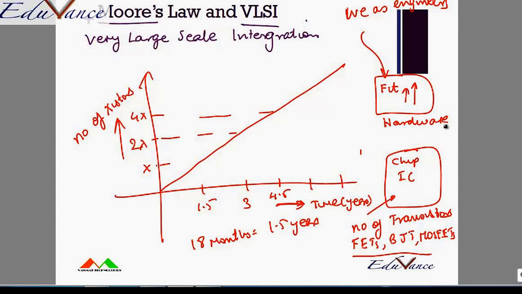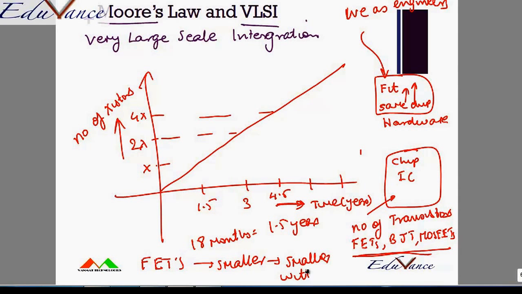By hardware I mean FETs, BJTs, and MOSFETs on the same chip. The reason is because the transistors, for example the FETs, got smaller and smaller with time.